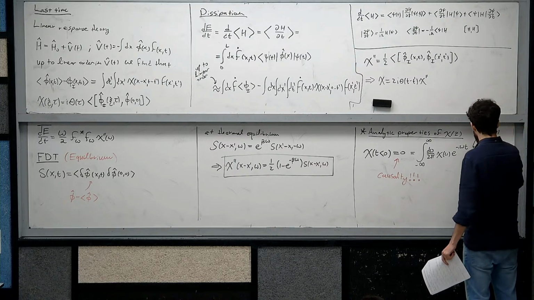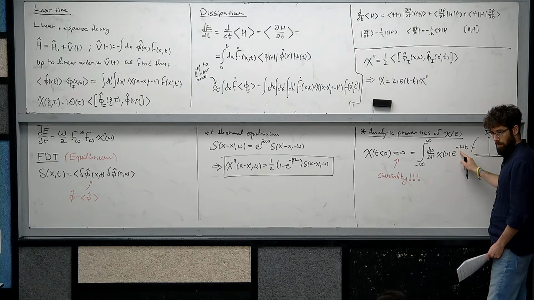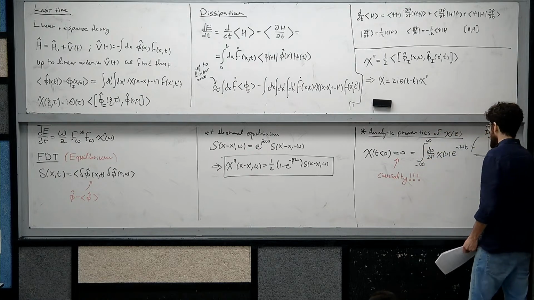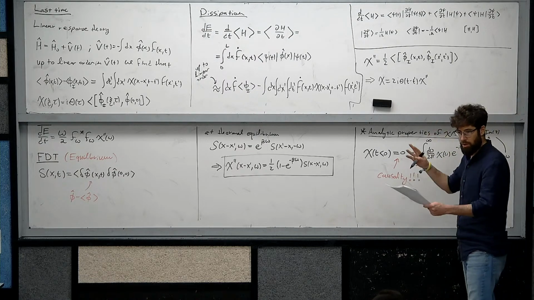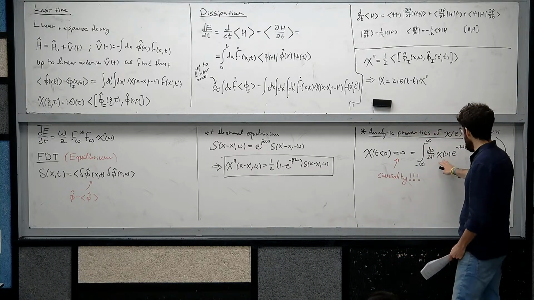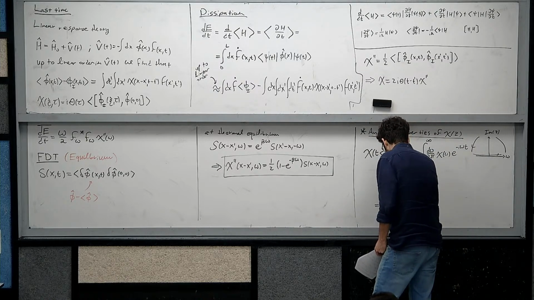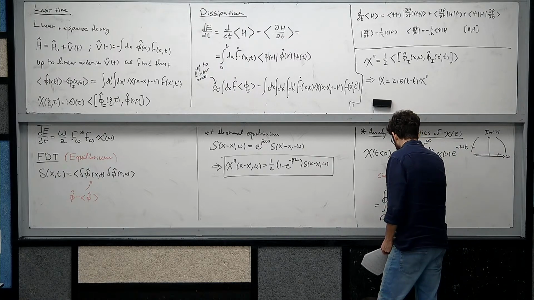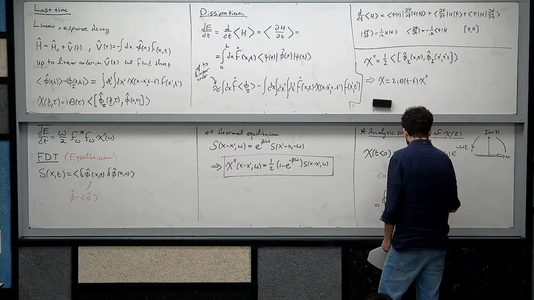But my claim was I can always close the contour here, and because of this contribution that gives an exponential decay, and I'm assuming that chi of omega doesn't diverge exponentially at infinity, then this thing has to be 0, and therefore I can rewrite this as an integral over a closed contour, dz over 2 pi, chi of z, e to the minus i z t.